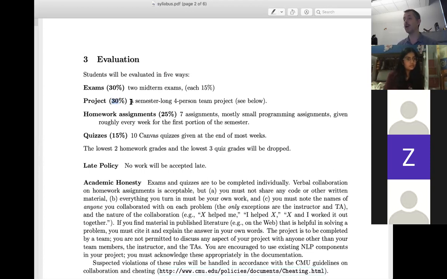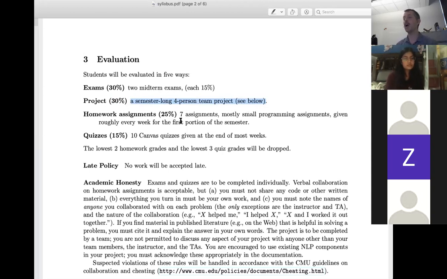It's a semester-long, four-person team project, and it's competitive. We'll talk about this later. So part of the grade, not a large part, comes from how well you do in a competition, in generating and answering questions with the other systems.